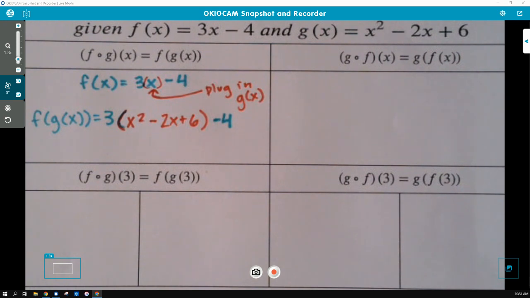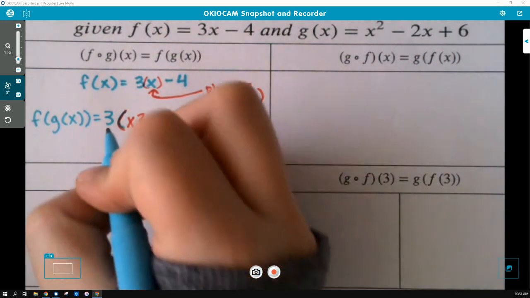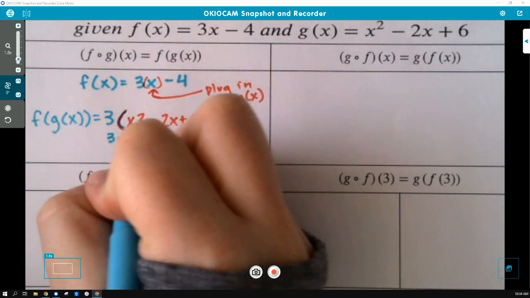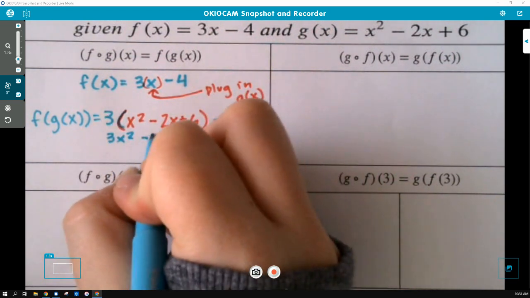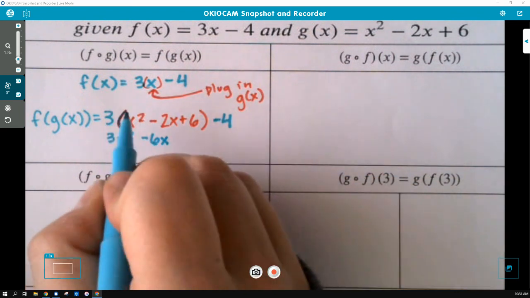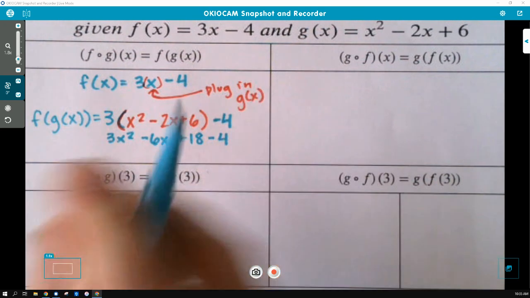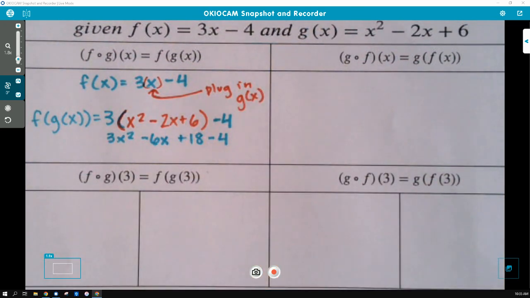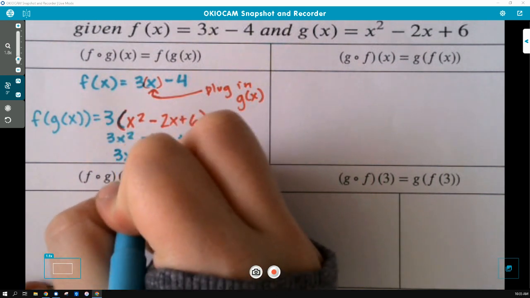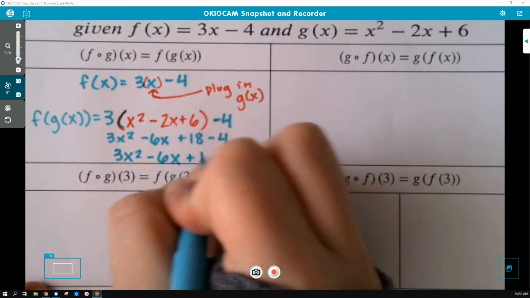Okay, from there we need to do a little distributing. So that'll be 3x squared. 3 times negative 2 will give me negative 6x. 3 times 6 will give me 18. Minus 4. And then I can do a little combining of like terms and do 18 minus 4 to get 14. So that'll be 3x squared minus 6x plus 14.